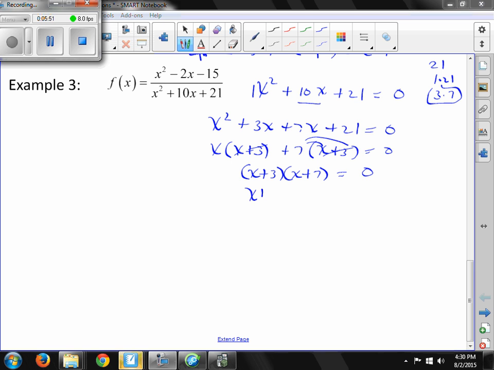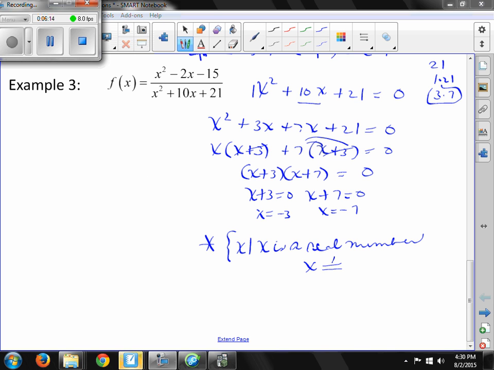So if I set x plus 3 equal to 0 and x plus 7 equal to 0, I'll have x is equal to negative 3 and x is equal to negative 7. So as a set, I'll have x such that x is a real number and x is not equal to negative 3 or negative 7.